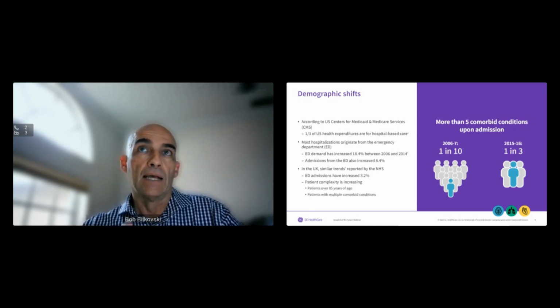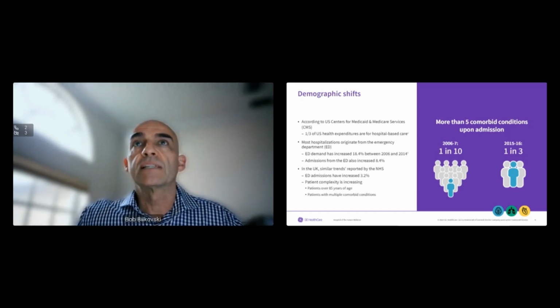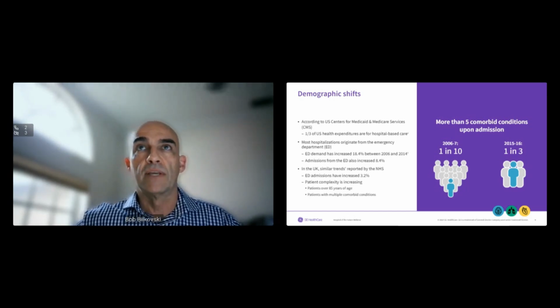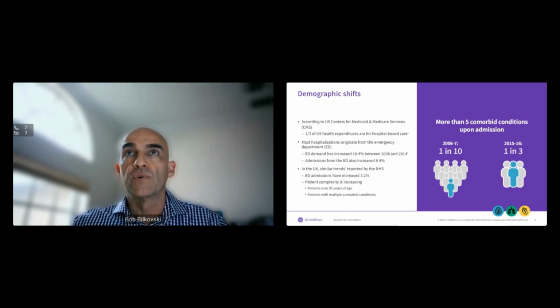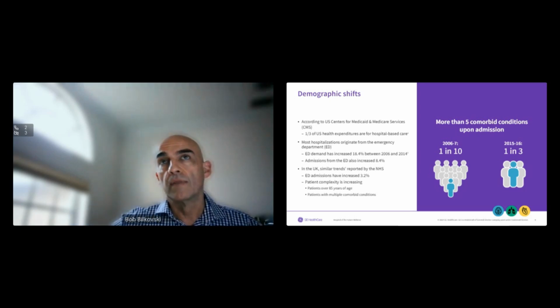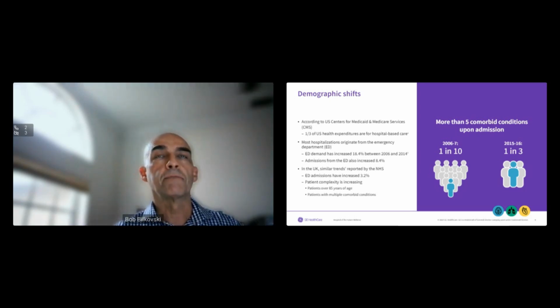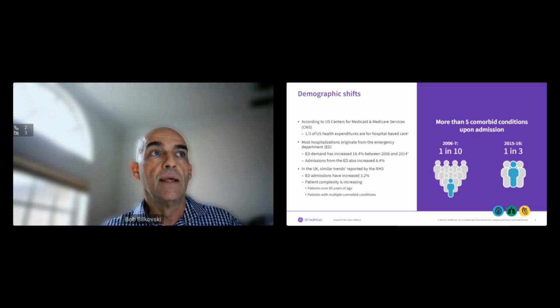And associated with that, you can see that the complexity and/or the criticality of the patients is increasing, because admissions have also increased by just over 8%. Similarly, in the United Kingdom, according to the NHS, ED admissions have also increased, not as noteworthy as in the United States, but still over 3%.